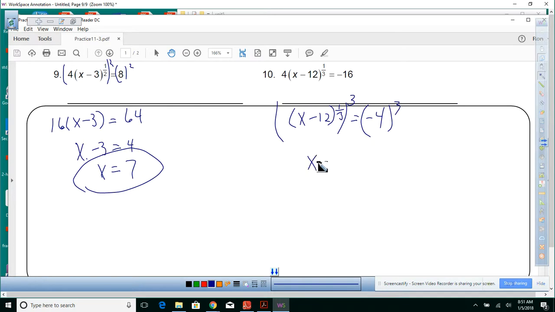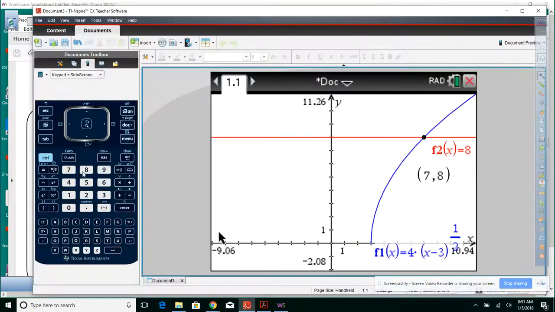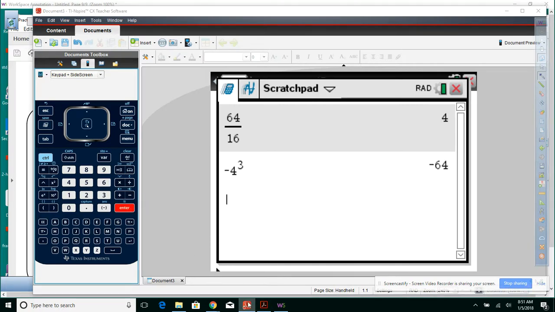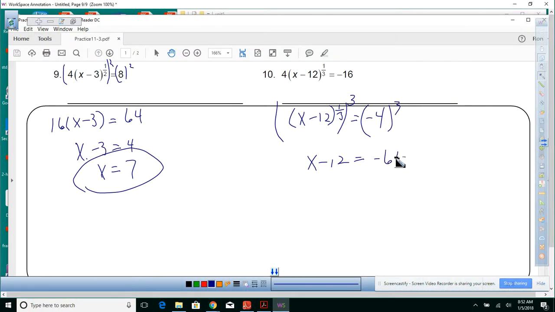That gives us x minus 12 equals negative 4 cubed, which is negative 64. We add 12 to both sides, and we get x equals negative 52.